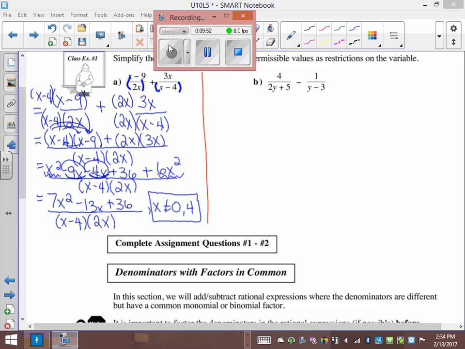Alrighty. So this one I have 4 over 2y plus 5. And I'm going to multiply it by y minus 3. And multiply this one by y minus 3. I always like putting the common factor that you're missing at the beginning. It's just something I like doing that I'm always putting in the same spot. Minus, then I'm going to leave a space, so y minus 3. I'm going to multiply this one by 2y plus 5.